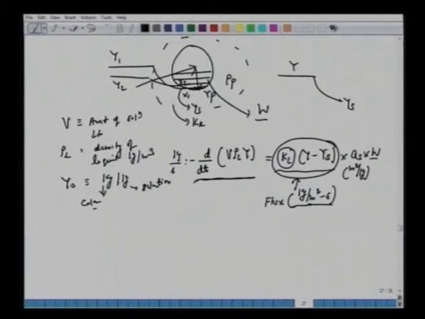Okay. Now we can write, as V rho L is constant, minus d of Y over dt equals KL AS W, and we have Y minus YS. But what is YS? YS is the surface phase concentration, or concentration of solution at this solid surface.